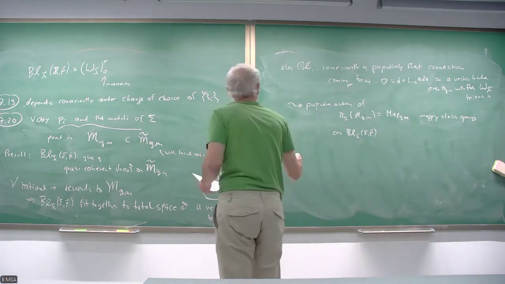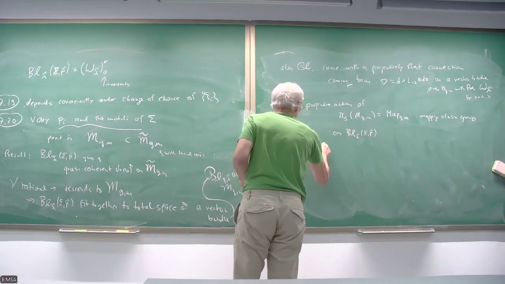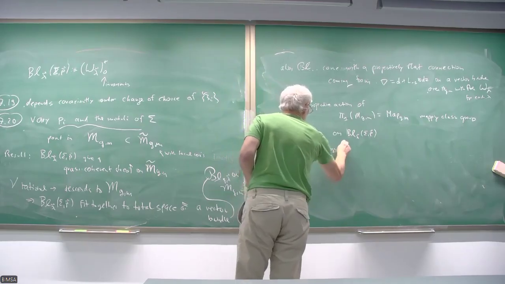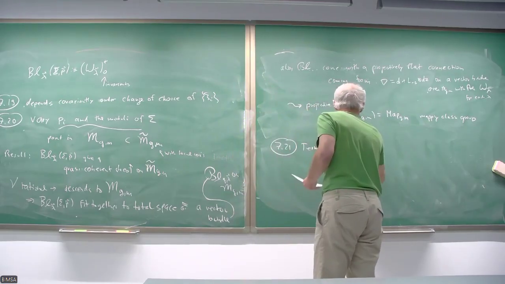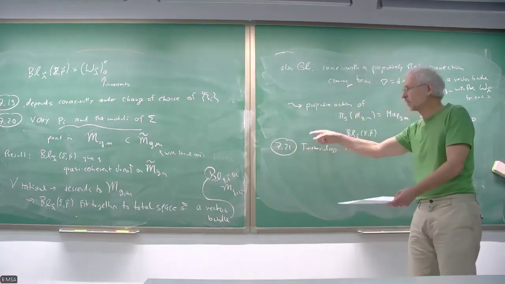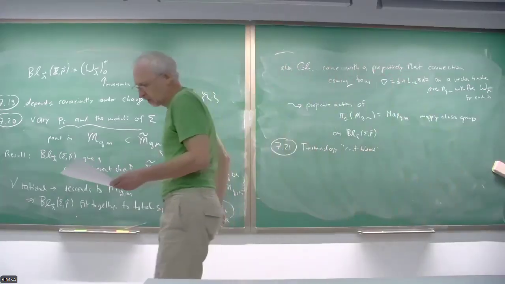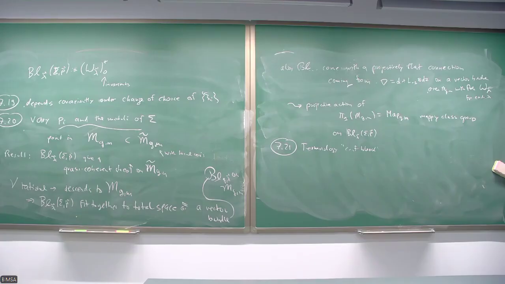And I only say this in words. The terminology conformal block is used both for these vector spaces, then for these vector bundles, but then also for the local horizontal sections with respect to the projectively flat connection.